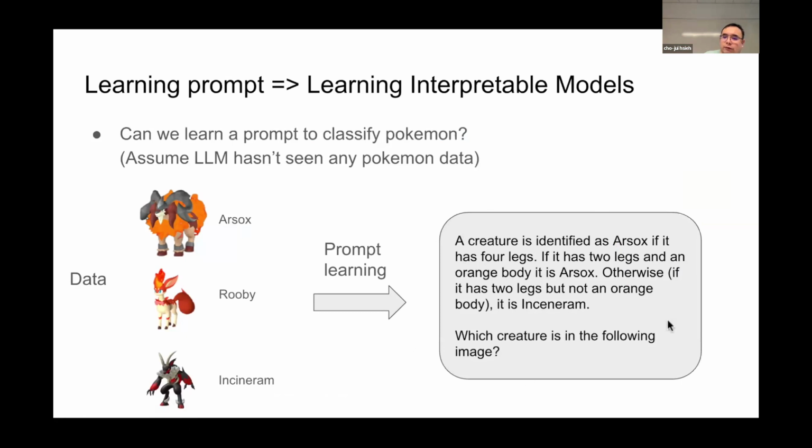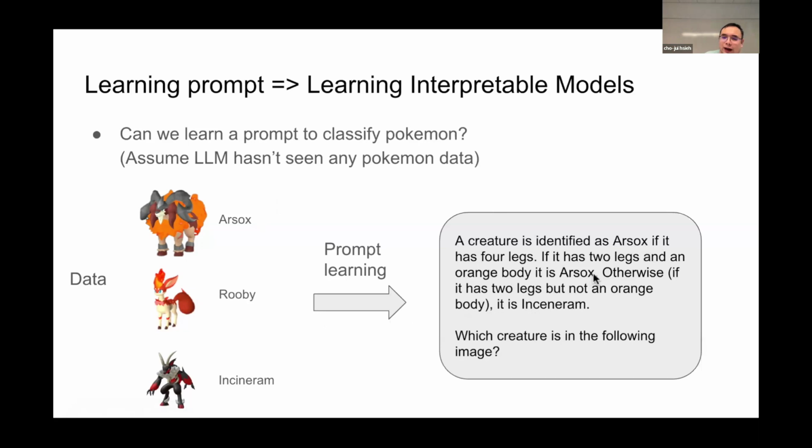Then this prompt is telling me how I should classify this species of Pokemon. So, for example, if I have an algorithm given this data, I generate a prompt saying a creature is Arceus if it has 4 legs, the first one. If it has 2 legs and an orange body, it's, oh, I think there's a typo.